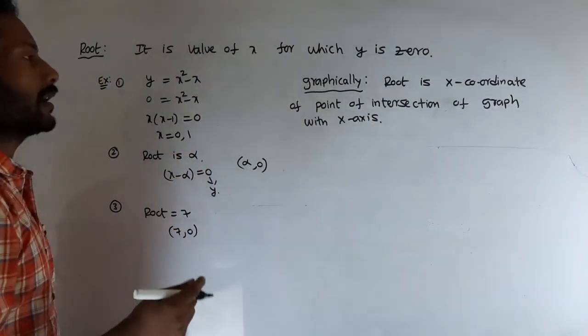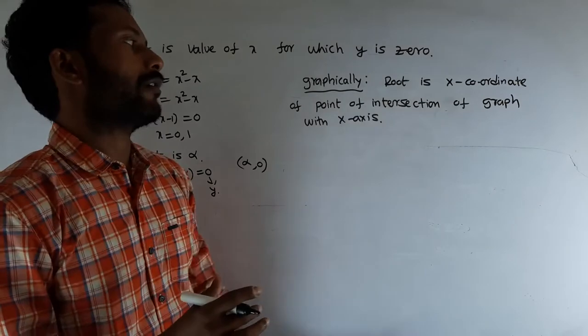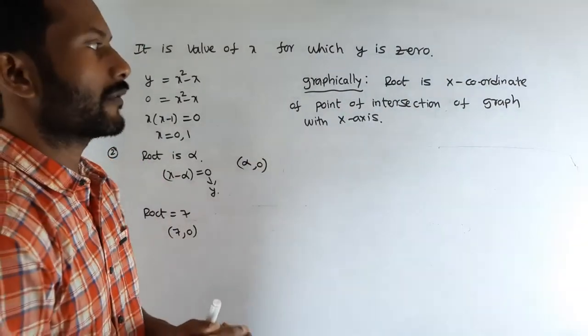What is the graphical meaning? Root is the x coordinate of the point of intersection of the graph with the x-axis.